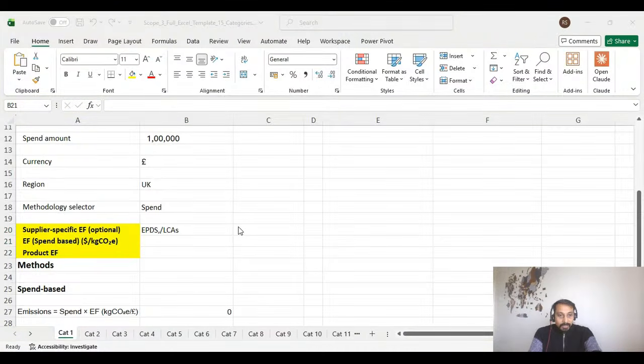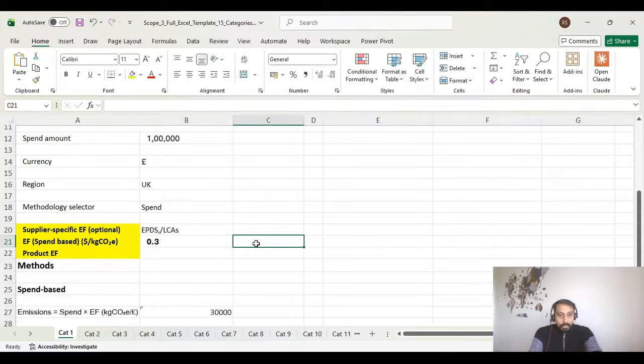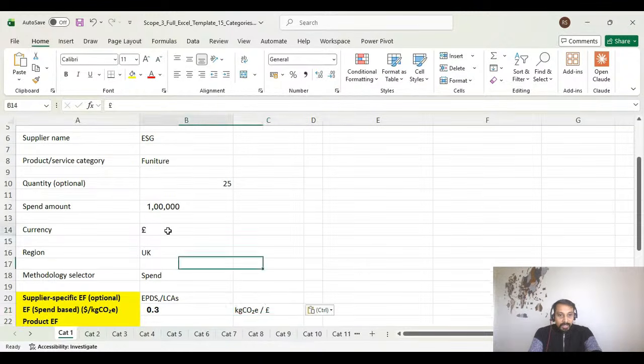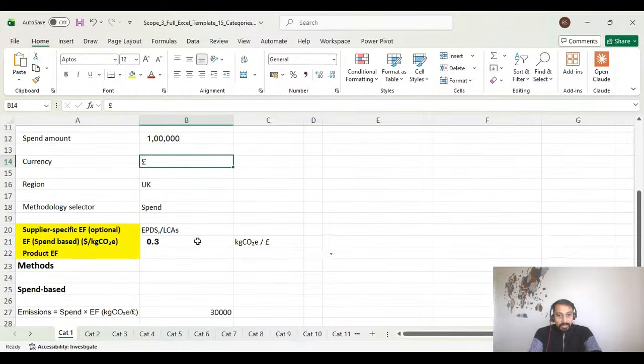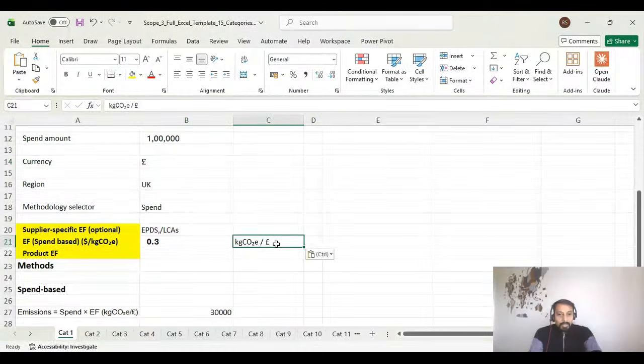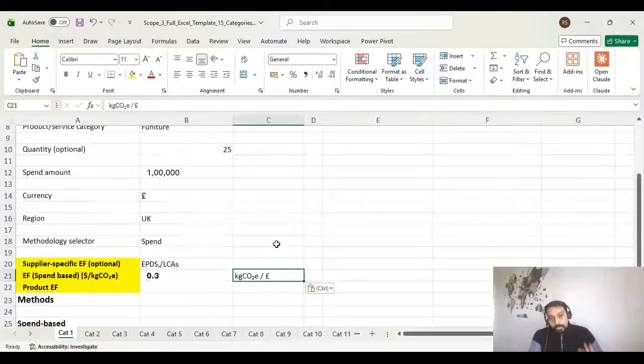Emissions factors are based on kilogram CO2 equivalent per pound. Because I'm taking the currency of pound, the unit will be kilogram CO2 equivalent per pound. It depends on unit to unit, so you have to convert your units very carefully so that you can understand better.